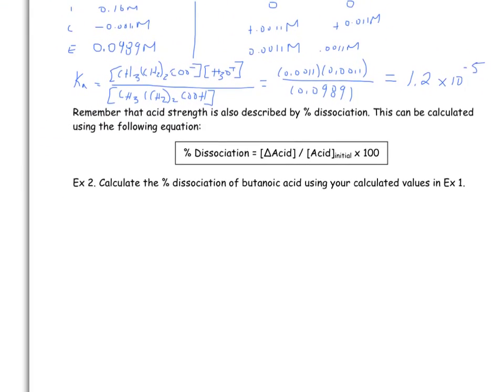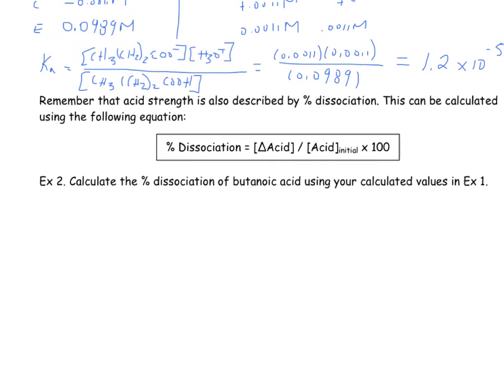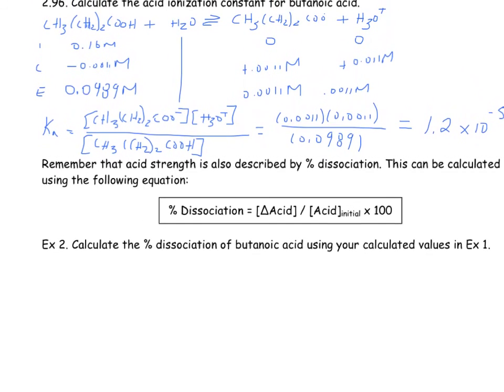Acid strength is also described by percent ionization or percent dissociation, where strong ones have close to 100%. This can be calculated using the following equation: the change in the acid divided by the initial concentration of the acid times 100. These values can be found in a completed ice table. Here is our change in acid for butanoic and our initial concentration.